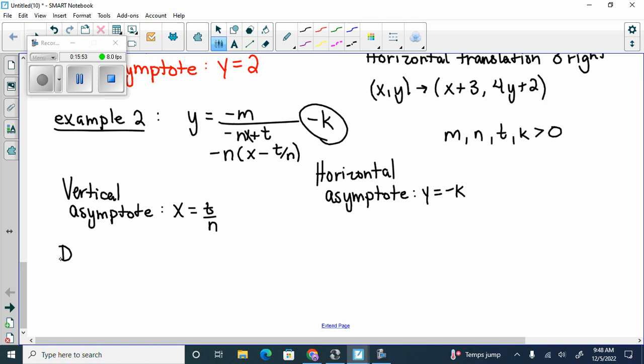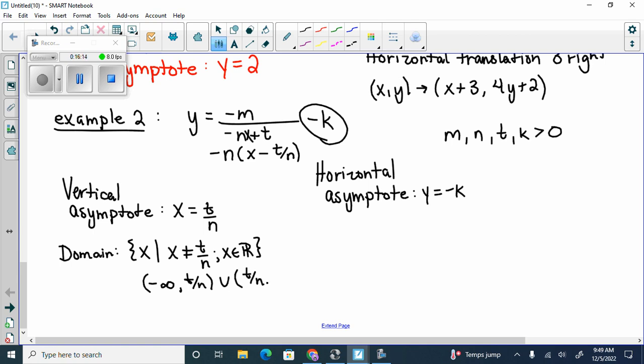So my domain then is x such that x can't equal t over n, x an element of the reals, or in interval notation, it'd be from negative infinity to t over n, or t over n to positive infinity. Basically everything but t over n.